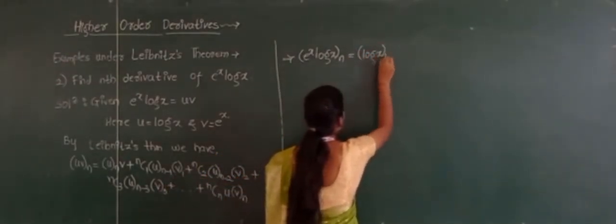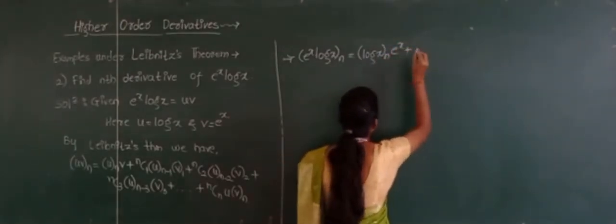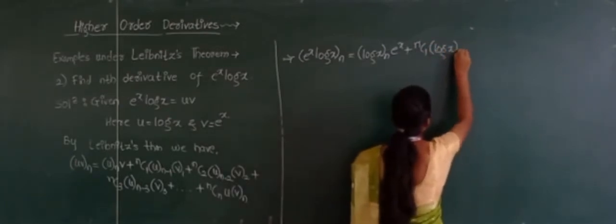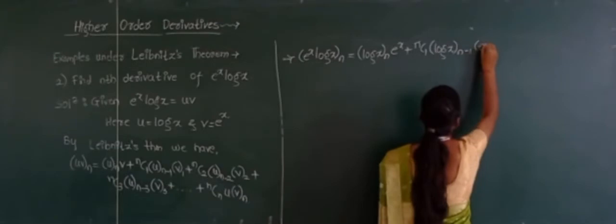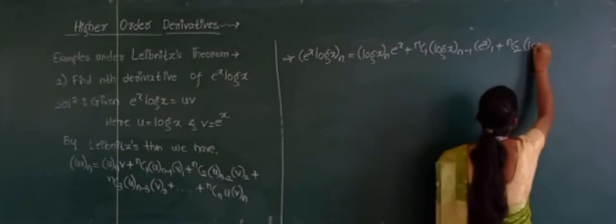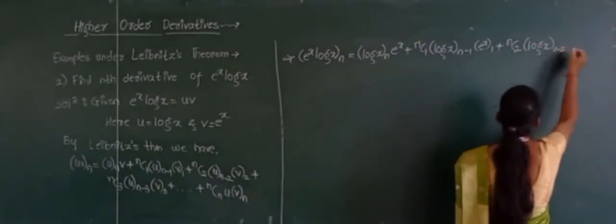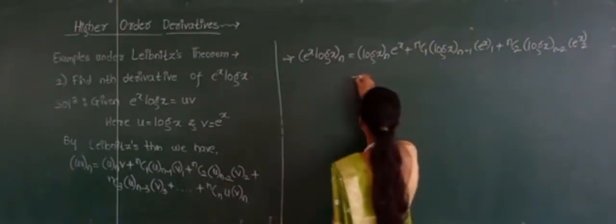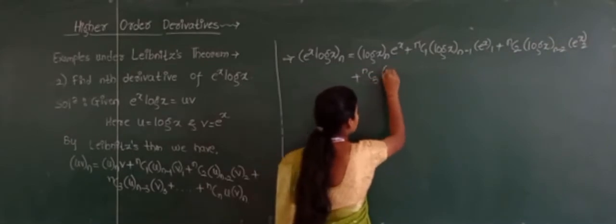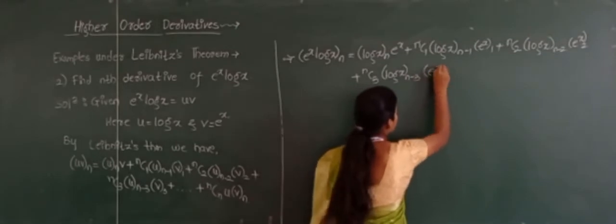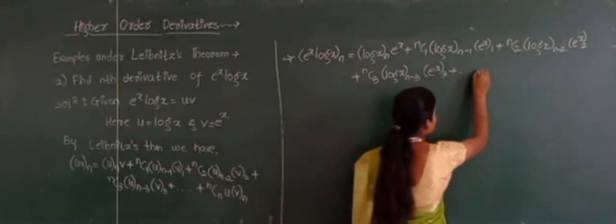Substitute here. That will be nth derivative of log x and e raised to x as it is, plus nC1 n minus 1th derivative of log x and first derivative of e raised to x, plus nC2 n minus 2th derivative of log x and second derivative of e raised to x, plus nC3 n minus 3rd derivative of log x and 3rd derivative of e raised to x, plus and so on.